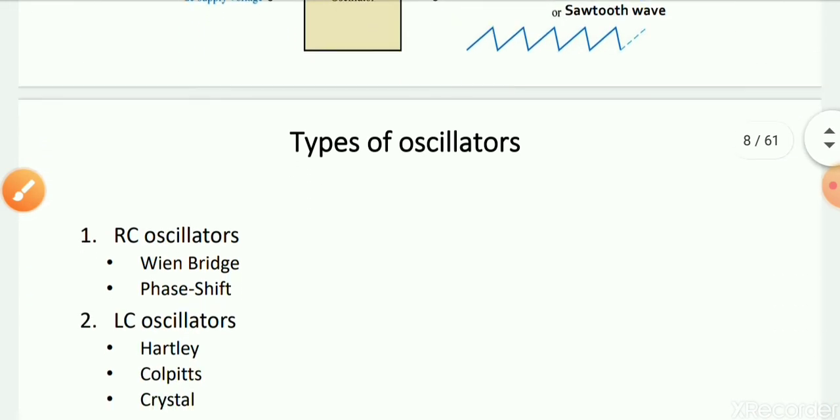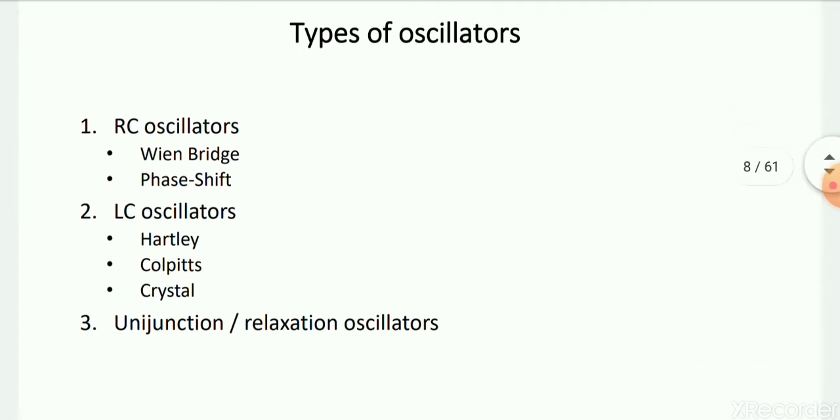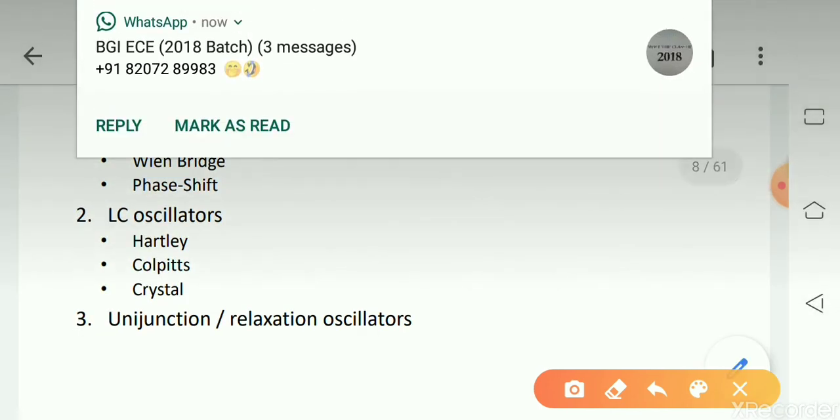Oscillators are basically classified in this form. One is the RC oscillator, where resistor and capacitor, these two important passive elements, are used to design the oscillator circuit.